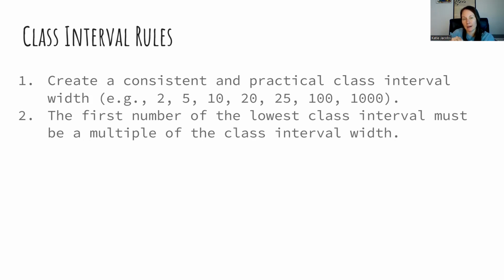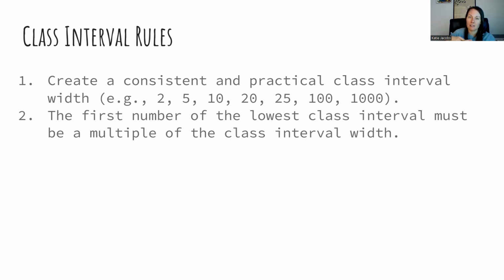So if I had a data set that ranged from 20 up to 50, my first class interval would have to start with a multiple of whatever that class interval width is.